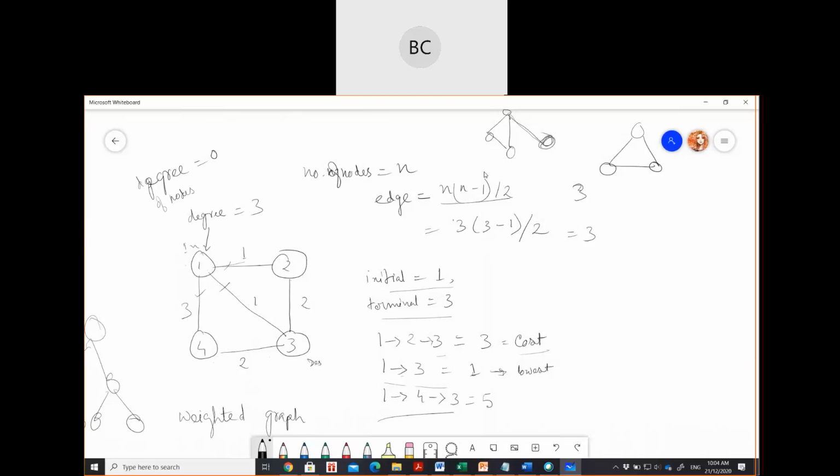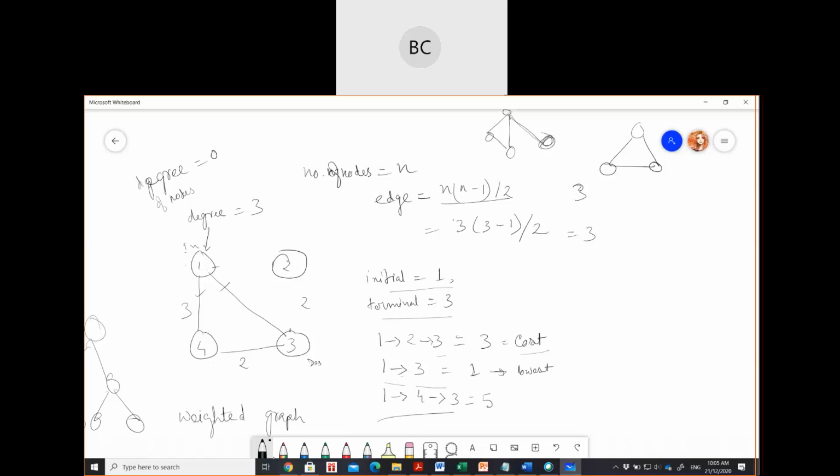There will be different graphs, right? Okay. Suppose this is also a graph now, correct? There are 1, 2, 3, 4 nodes and 3 edges.